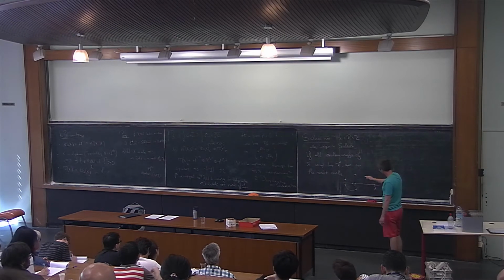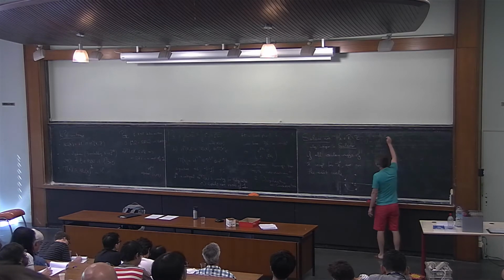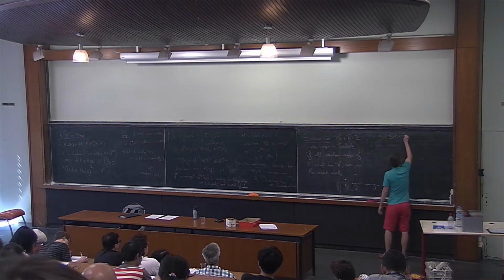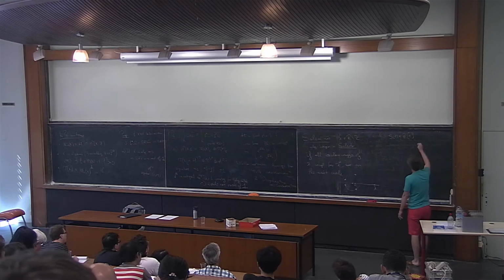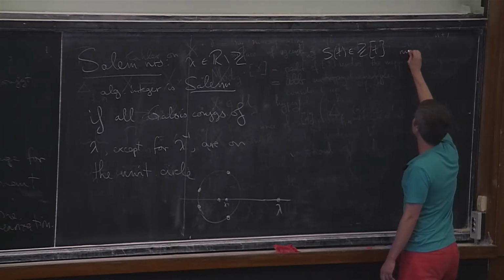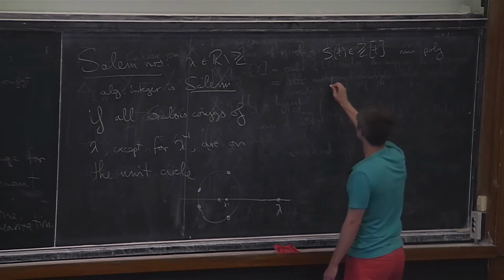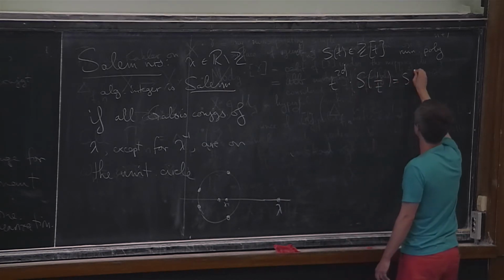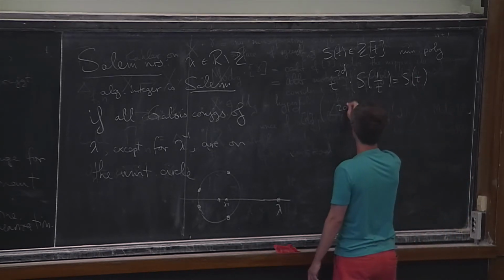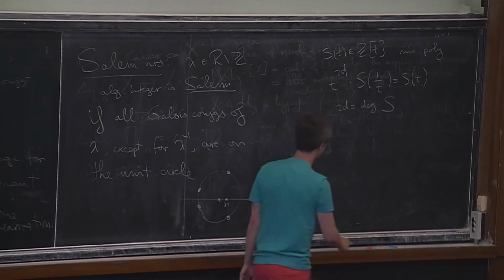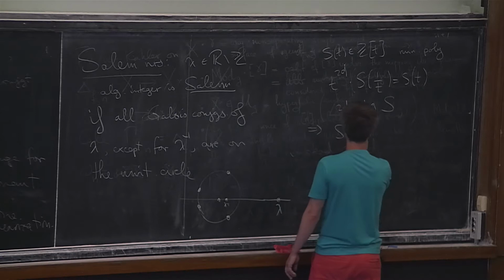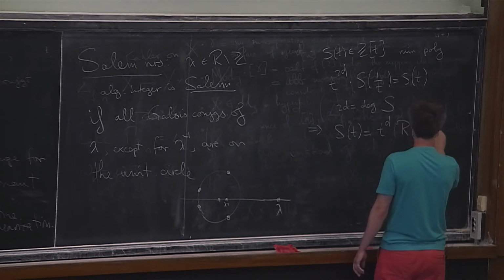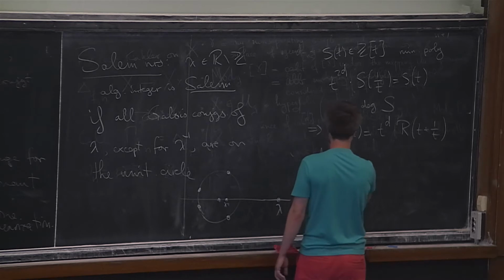If we call S of t the minimal polynomial, then you'll have a symmetry: t to the 2d times S of 1 over t is equal to S of t, where of course 2d is the degree of S. So this implies in particular that S of t is t to the d times R of t plus 1 over t, where the degree of R is d.